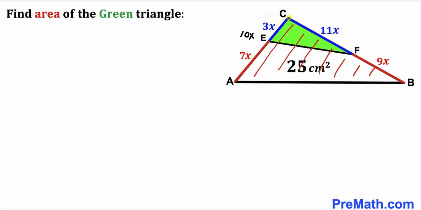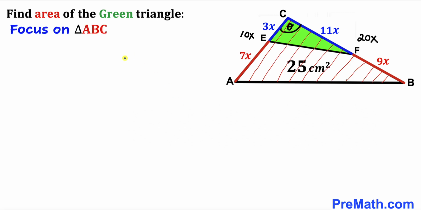Likewise, side length BC is the sum of 11x and 9x, which gives us 20x. Next, let's assume that angle ACB is theta.